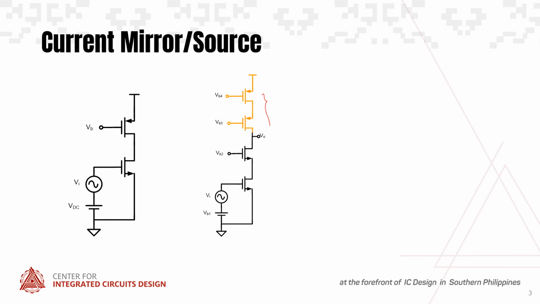So it could vary, and it is very challenging, especially when these circuits are battery operated, and whenever the battery is depleted, this bias could change.